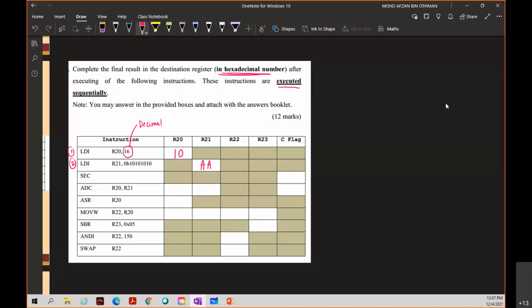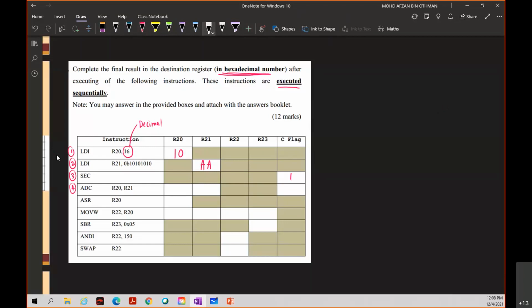And then number 3, SEC. What does the SEC instruction do? Set carry flag. You're going to set your carry flag, so your carry flag becomes 1. And then line 4, ADC R20, R21. What does ADC do?